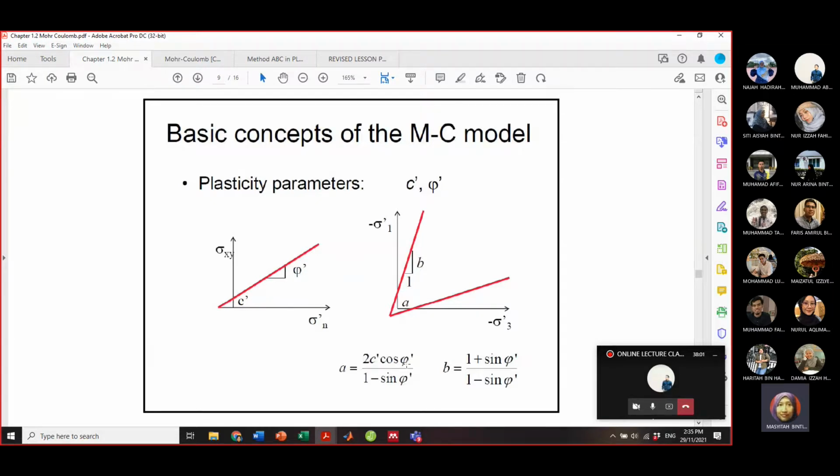So when you look here at the left figure, if you relate the stress in plane X and Y, and then when you convert to the yield criterion in the major effective principal and the minor effective principal stress, this is what exactly you have, A and B. So this is the yield criterion.